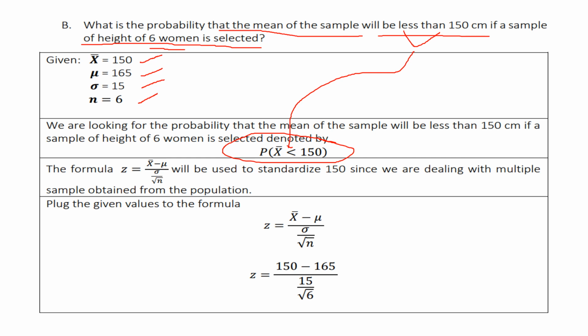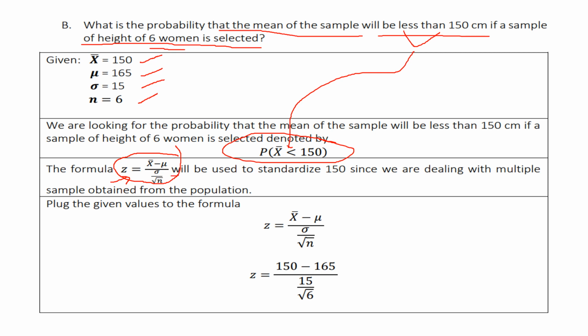The formula for this, since we are dealing with multiple samples, is z equal to your sample mean minus your population mean, all over your population standard deviation over the square root of your sample size n.